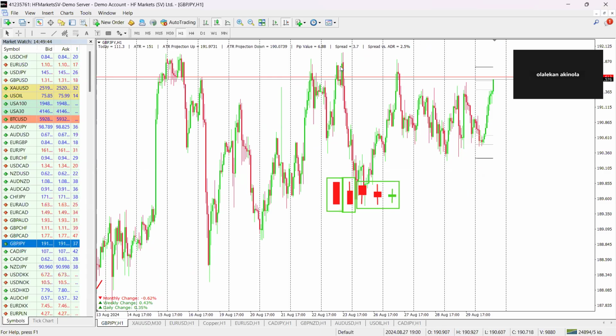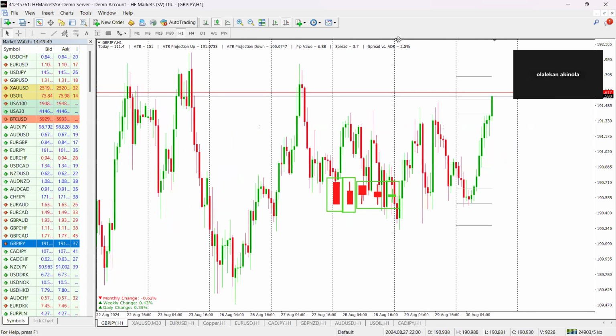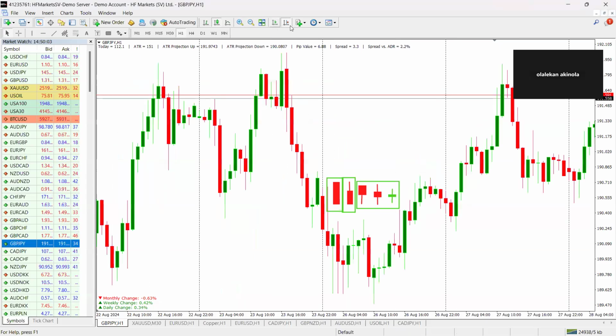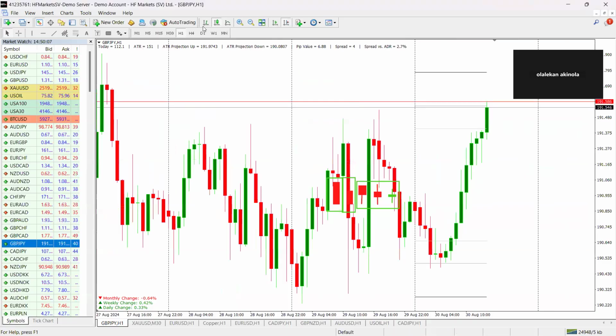But then, look at this. A full-bodied candle is forming. Now, what is the difference between, oh good, I really love this. What is the difference between these candles?